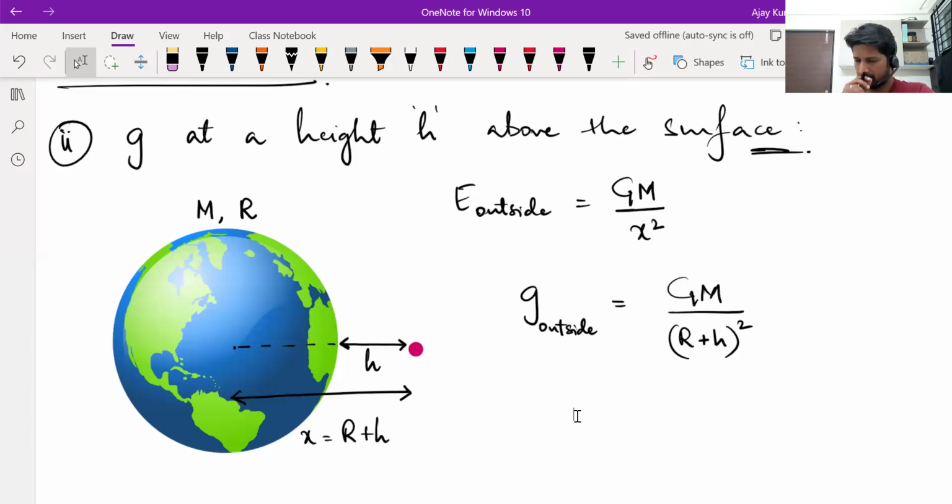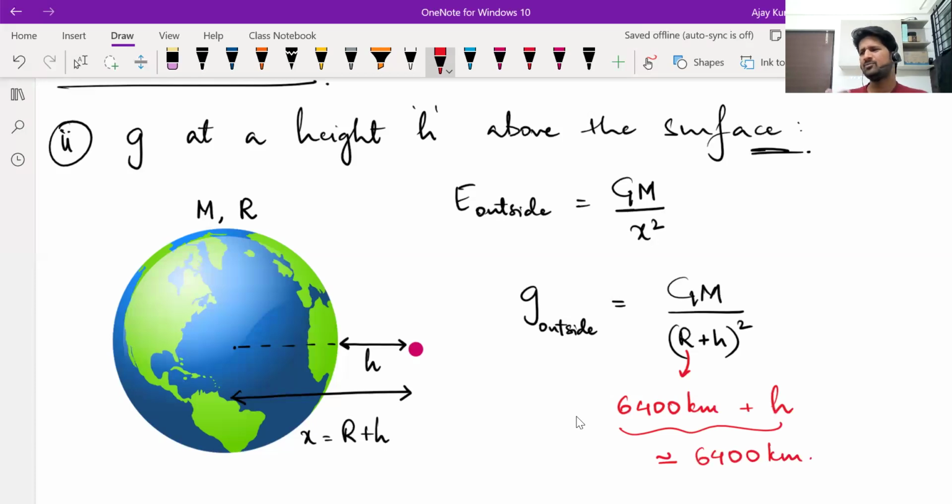No. Why? Radius of Earth, how much is it? 6,400 kilometers. Huge radius. Even if you add a small height to it, the everyday heights that we come across, the value r plus h is still going to be approximately r itself.